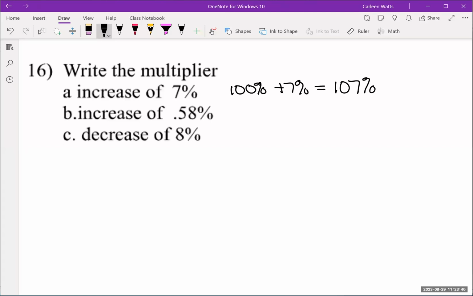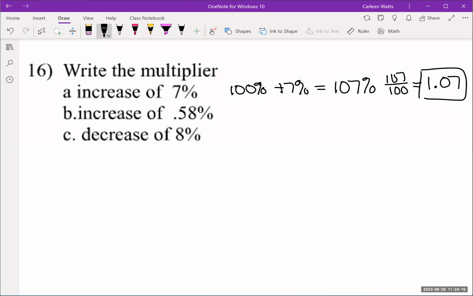Well, that's way easier. But we're not done. You can't leave it as a percent to put it into an equation. You have to change it from a percent to a decimal. So we're going to take 107, divide it by 100, 1.07.